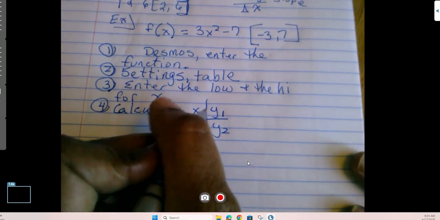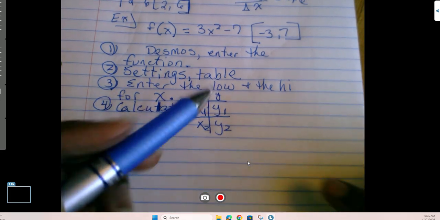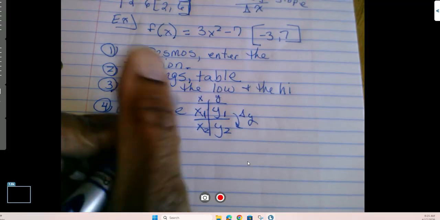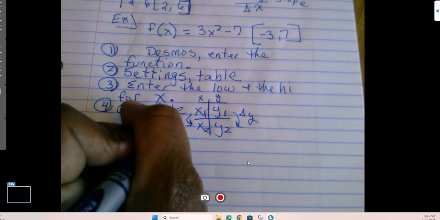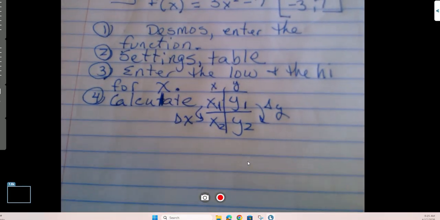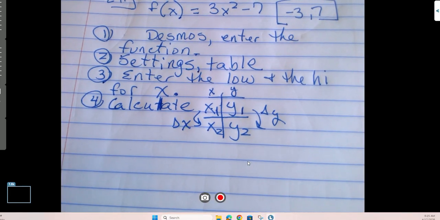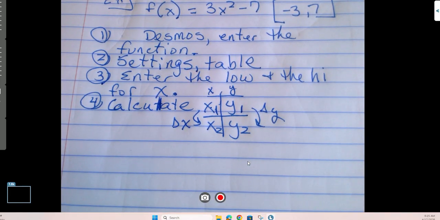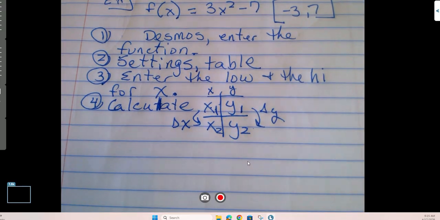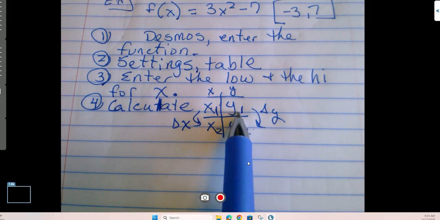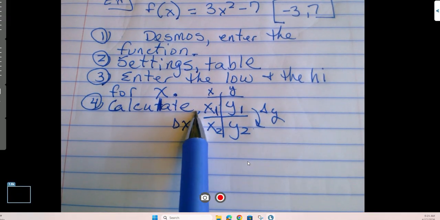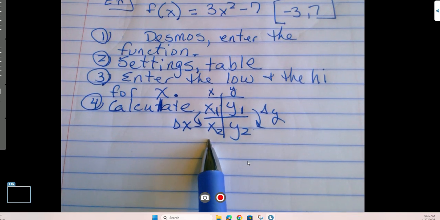So let's say this is the table of values with your x and your y. You're going to calculate the change in the y over the change in the x. So I would probably say y2 minus y1 over x1 minus x2, and that's fine.